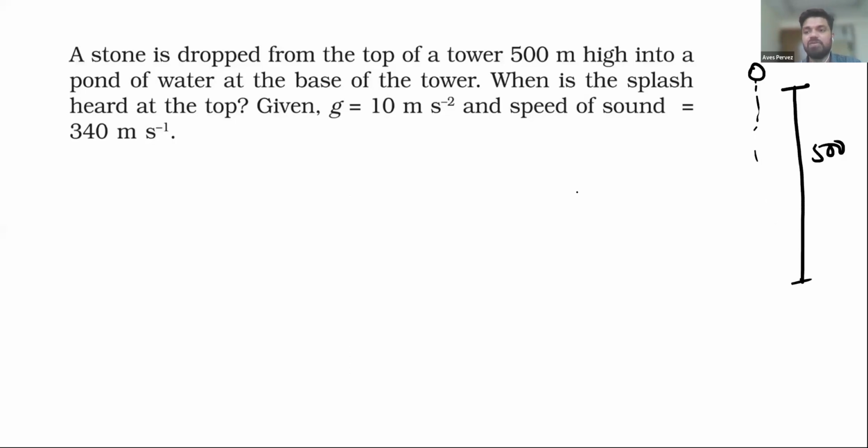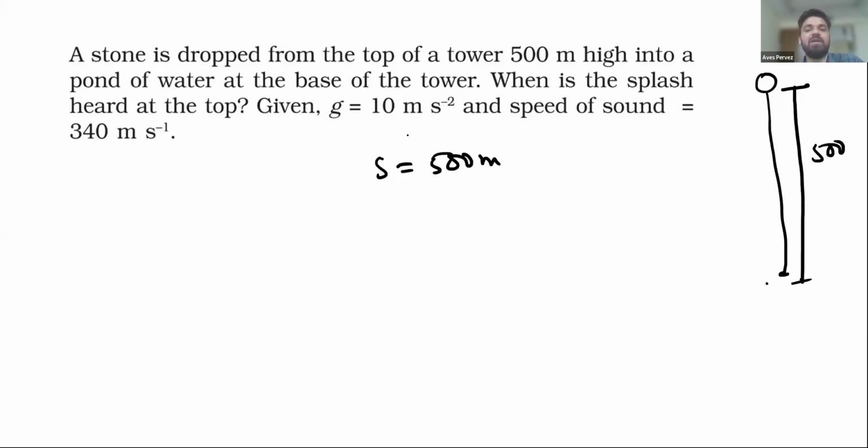Okay, when the stone is dropped, what happens? So what is given to you? Height is given to you. H is 500 meters, or H is actually S. Height means distance, displacement. It is 500 meters from the base of the tower into the water. When it is dropped, a splash, a sound is produced, and it reaches the top.